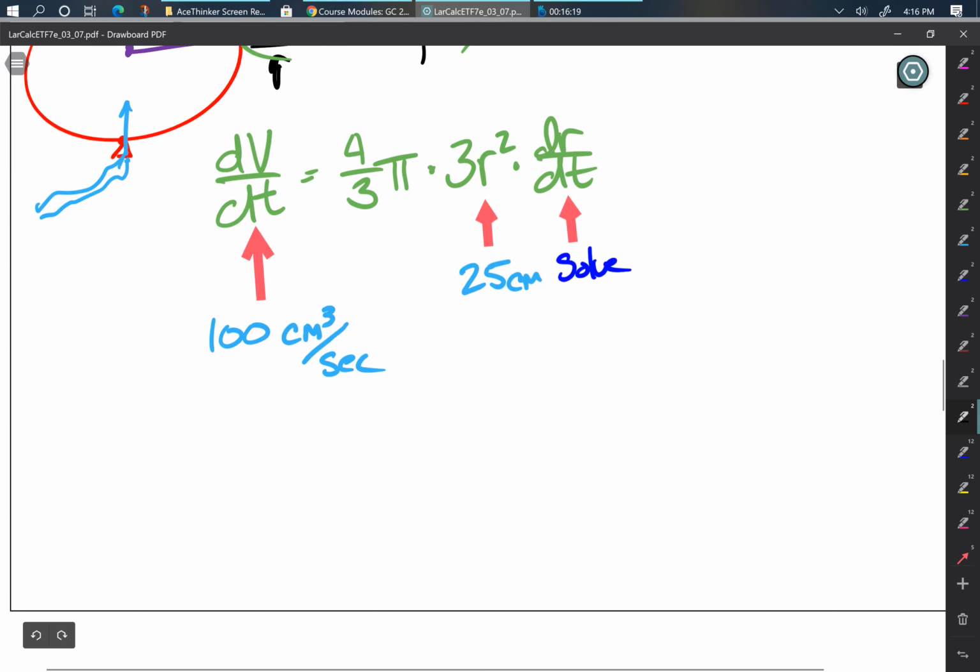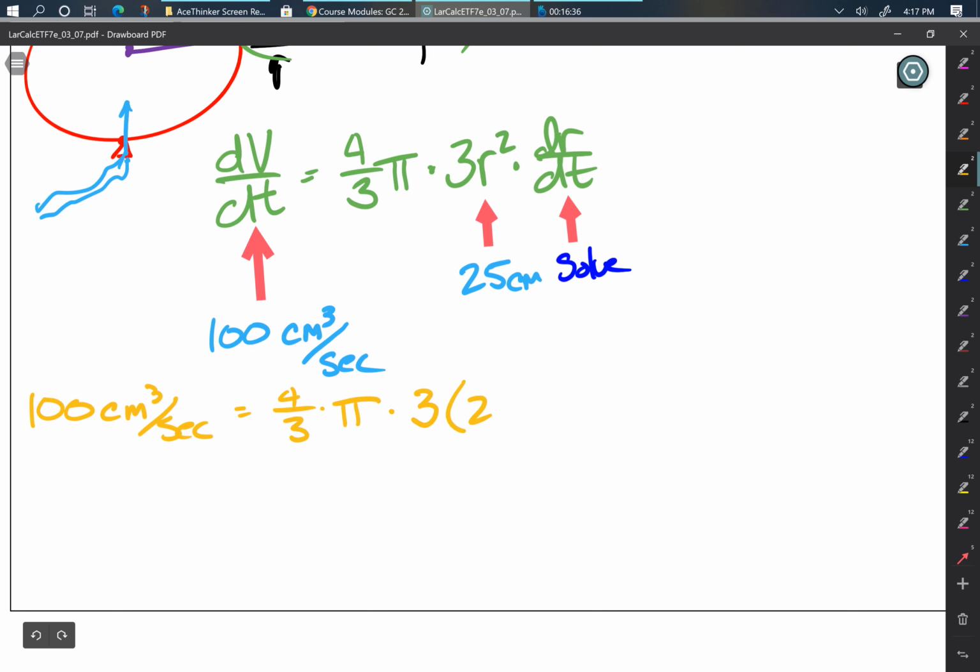All right, so plugging in everything where it goes, that's going to then give me the equation. What equation is that going to give me? That's going to give me 100 cubic centimeters per second is equal to 4/3 times pi times 3 times 25 centimeters squared times dr/dt.